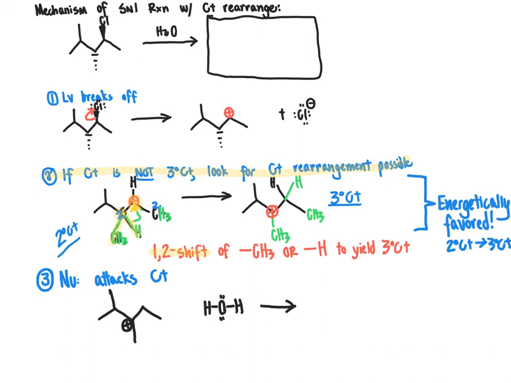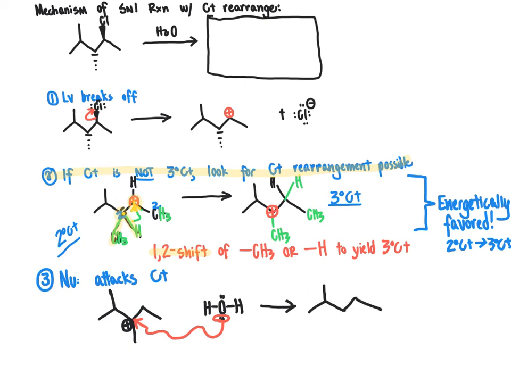So we're going to use that lone pair of electrons as our source of forming a covalent bond to the electrophilic carbon. So we come over and form a covalent bond to the electrophilic carbon using that lone pair of electrons from the oxygen. So let's go ahead and draw out the product of this step of the reaction mechanism.